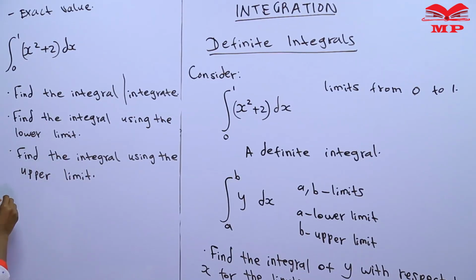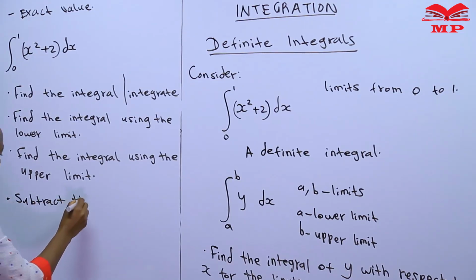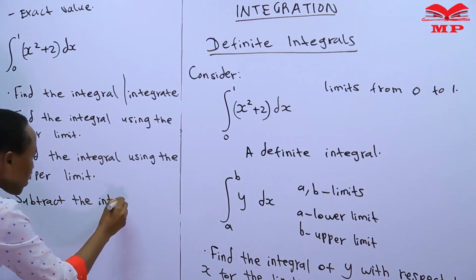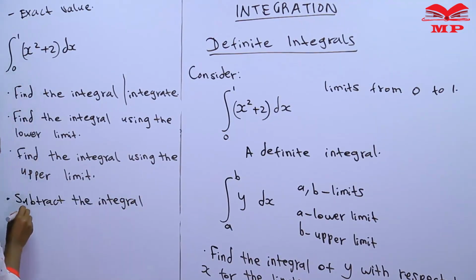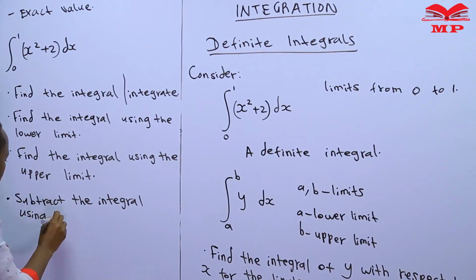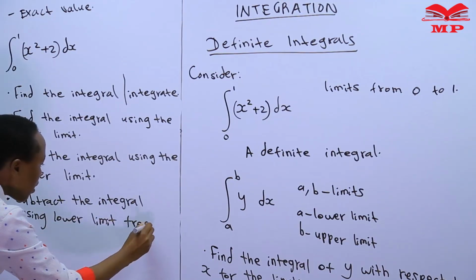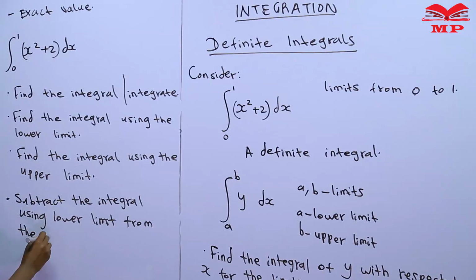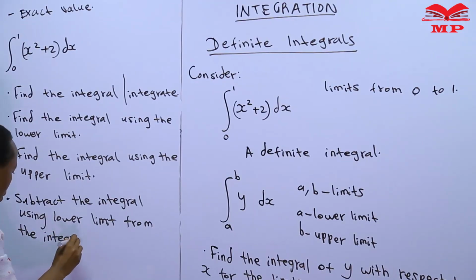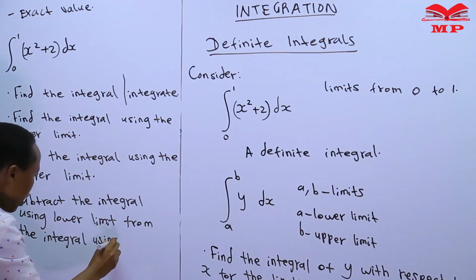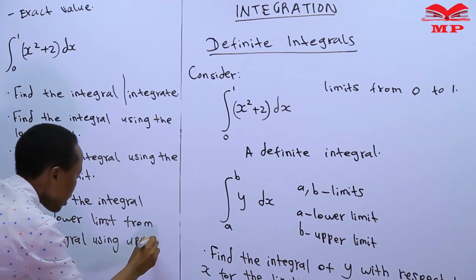And finally, to get the answer, we subtract the integral using the lower limit from the integral using the upper limit.